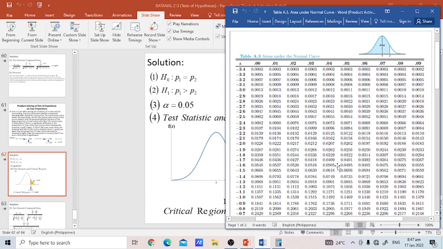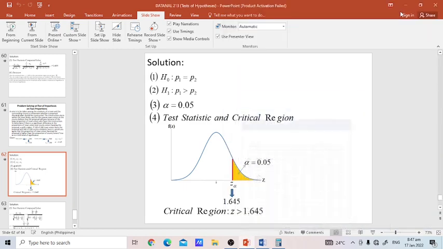That is negative 1.645. Therefore, for the right area, it is positive 1.645. That simple.